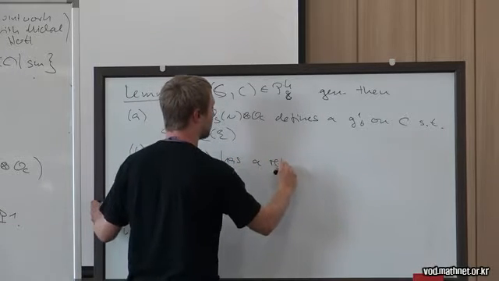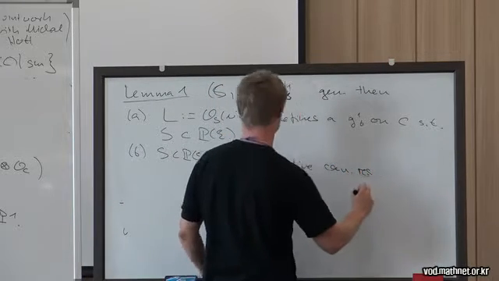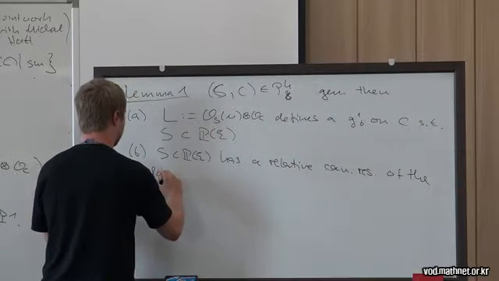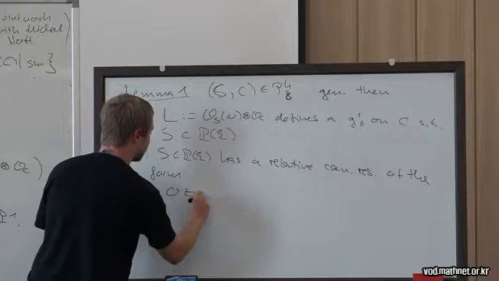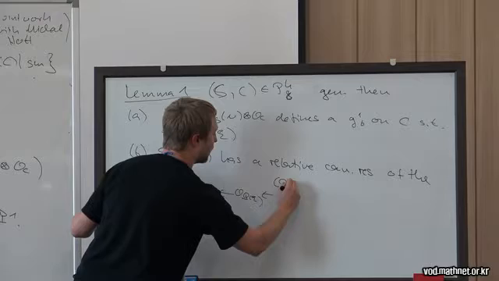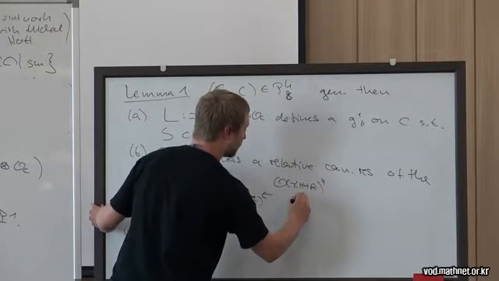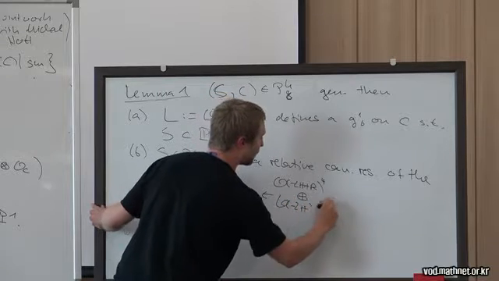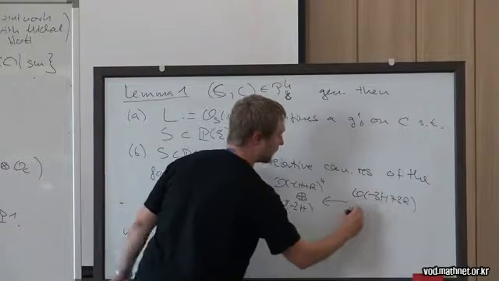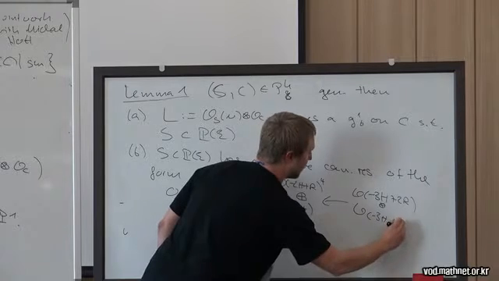And part B: S inside the scroll has a relative canonical resolution of the form 0, OS, O(-2H+R) to the 4, O(-2H), O(-3H+2R), O(-3H+R).